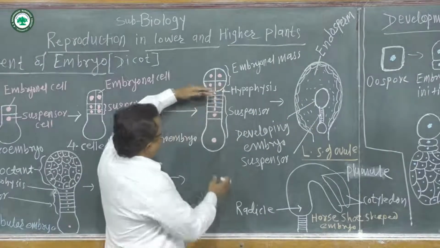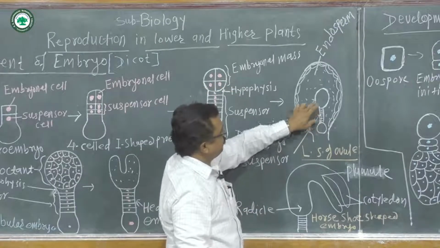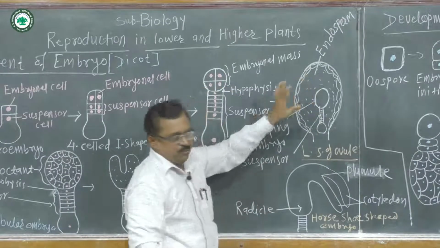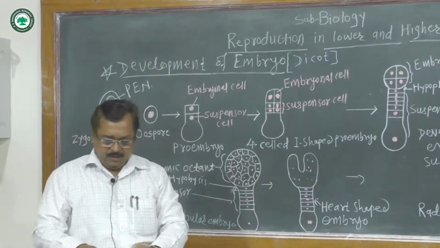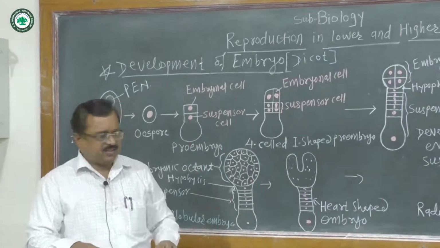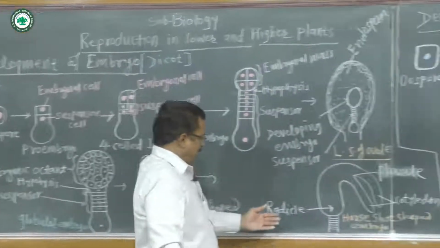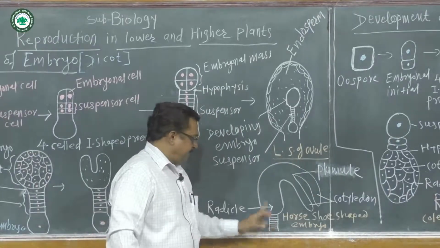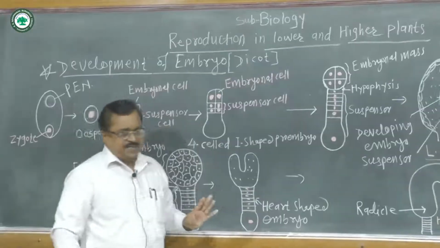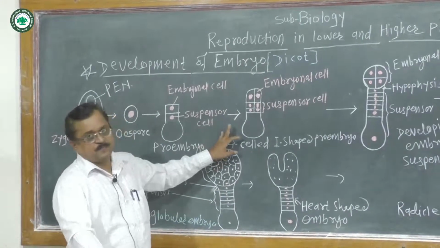The suspensor develops from the suspensor cells. The embryonal axis consists of plumule, radicle and cotyledon, and in this way the embryo development takes place in dicot plants.